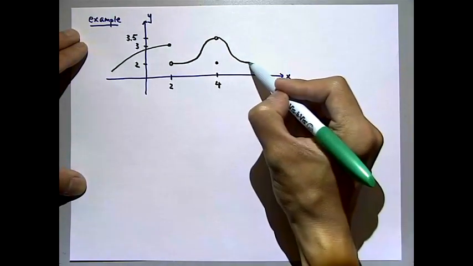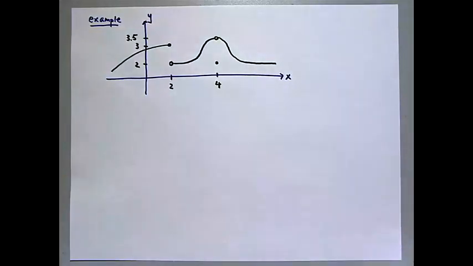Okay, so here we go. We've got this graph. Equation is unknown but irrelevant.